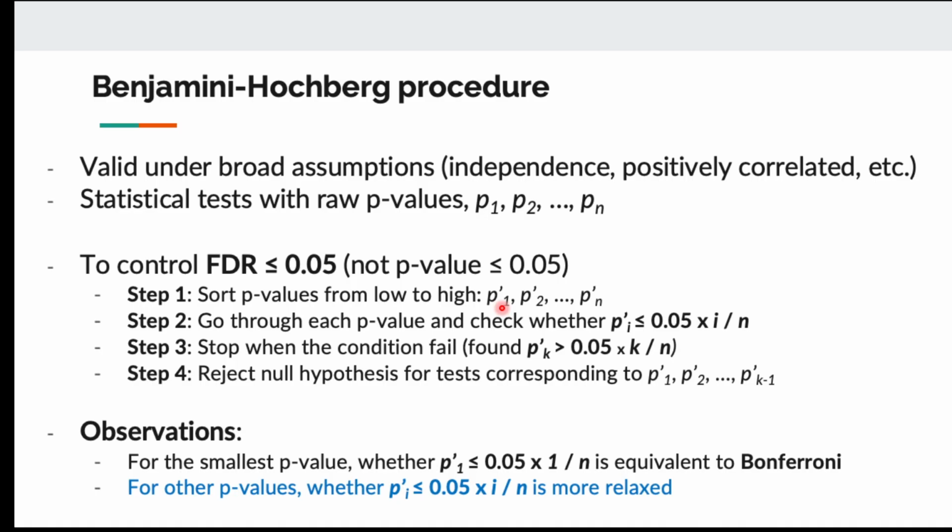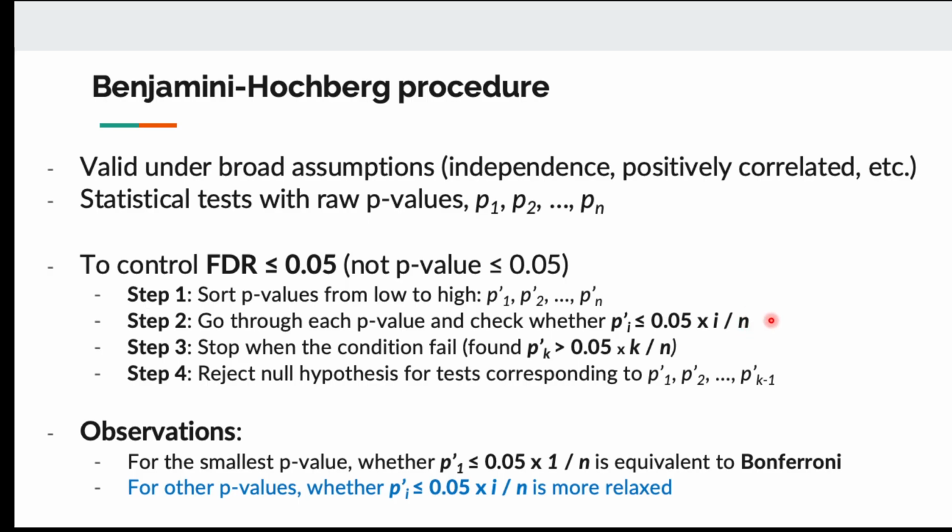And the way that we are doing it is, for each gene, we have the rank, like the best gene will be the first rank, the second best will be the second rank. So the subscript i here is the rank of the gene. This is after the sorting. So for the first gene, i being 1, we're going to compare the p-value for the best gene to 0.05, which is our FDR cutoff, multiplied by i, which is 1, divided by the number of tests, the number of genes.